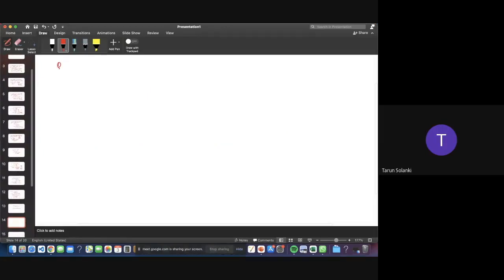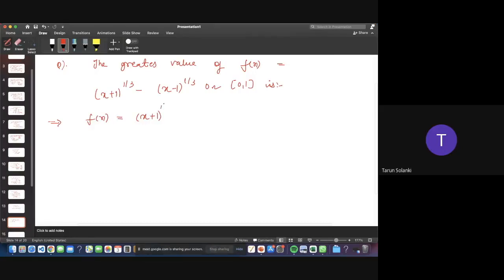Next problem: the greatest value of f(x) is equal to (x plus 1) to the power 1 by 3 minus (x minus 1) to the power 1 by 3 on 0 to 1. So for this we have f(x) equal to (x plus 1)^(1/3) minus (x minus 1)^(1/3).